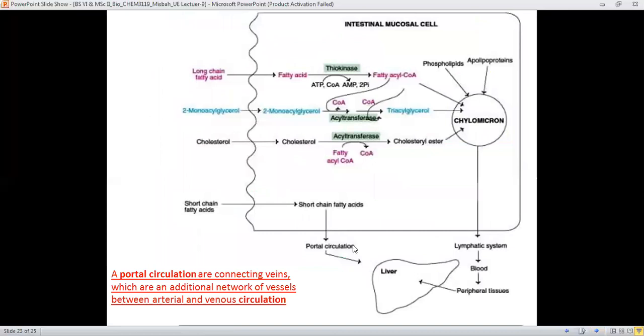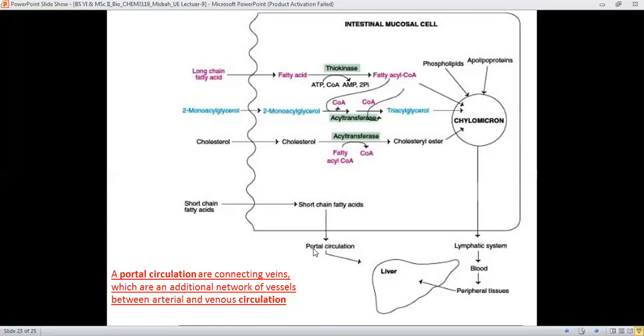Here is the complete pathway. Short chain fatty acids: when you have taken short chain fatty acid in your diet, as such they are absorbed in the intestine as short chain fatty acid. And through the portal circulation, which is in fact the connecting veins, they are in fact the additional network of vessels present between the arterial and the venous circulation.